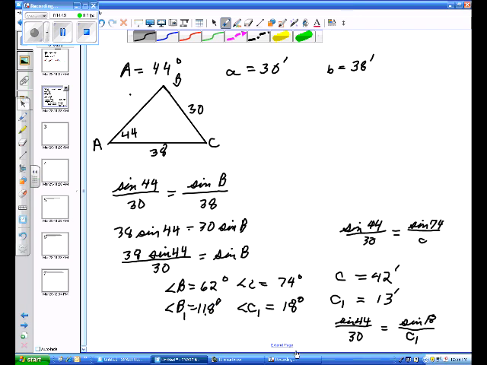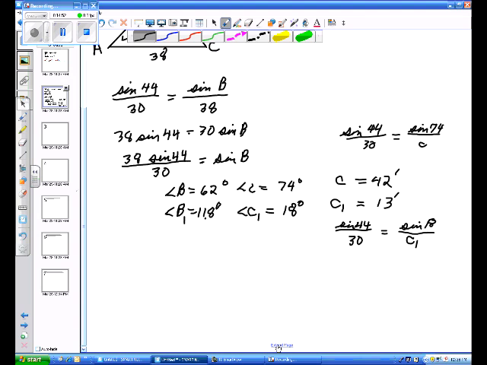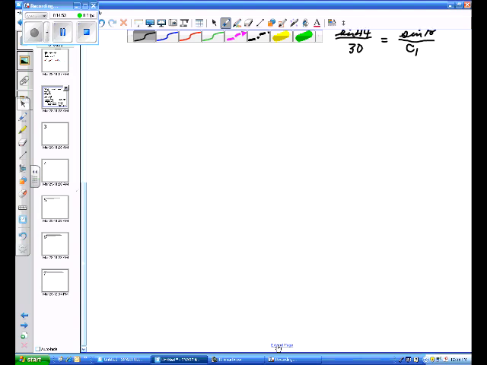All right, let's look at another one. And in this one, we're going to see that angle C is 35.4 degrees. Side A is 205 feet. And side C is 314 feet.